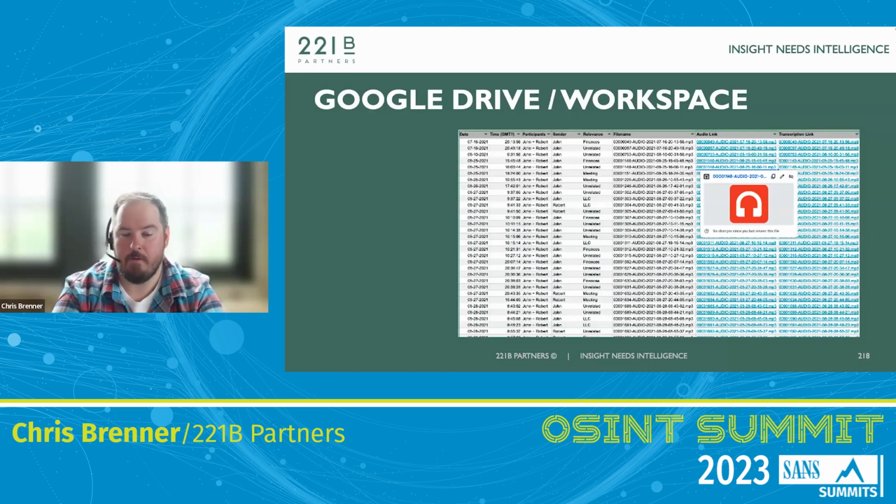But we didn't have the luxury of having that. So with Google Workspace, I simply created a sheet, their version of Excel, with links to the MP3 recordings of those voice messages, as well as a Google Doc of a transcription of the audio recording. So you could both listen to and read what was said by who.